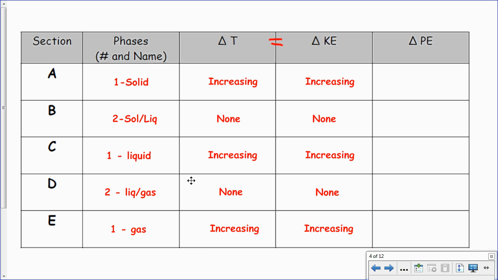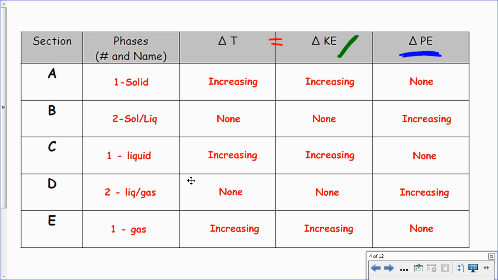Now, potential energy, that's the new thing that we started talking about today, and it's inversely related to kinetic energy. So whenever kinetic energy increases, potential energy doesn't. They're opposites, okay? Again, they're related to the flat portions of the graph versus the angled portions of our graph.